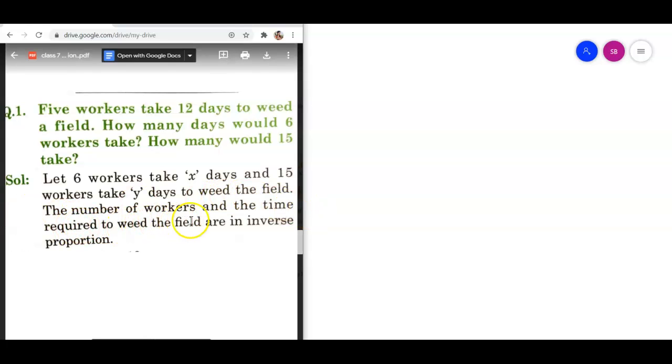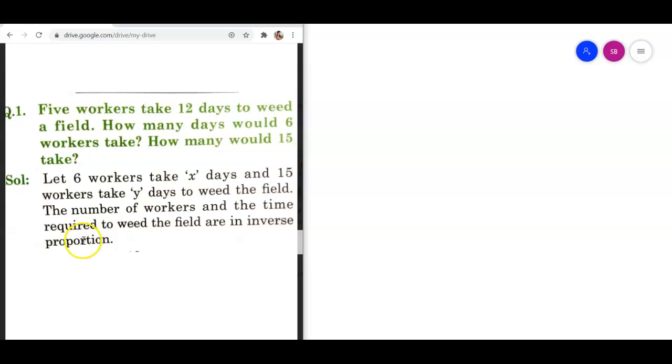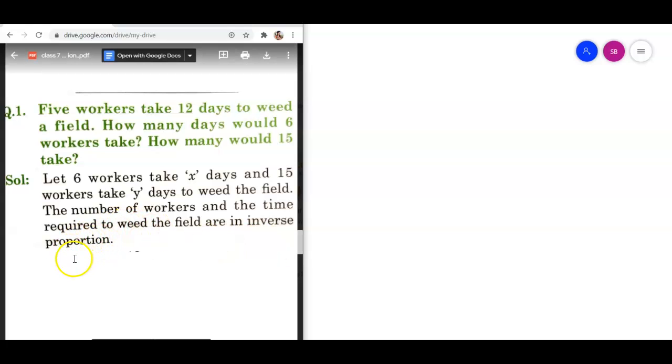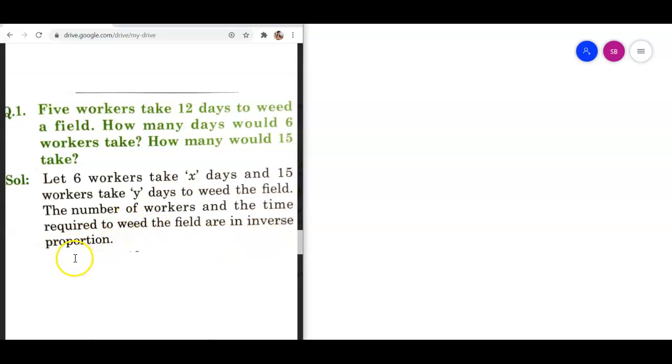The number of workers and the time required to weed the field are in inverse proportion. This line is very important. We have to mention whether this is an inverse proportion or a direct proportion.